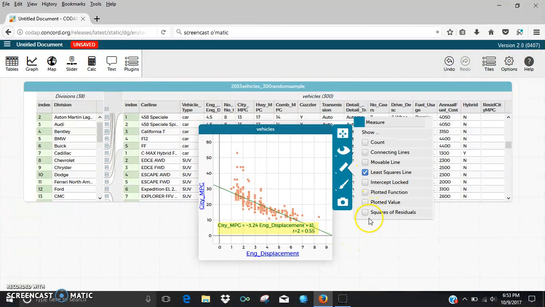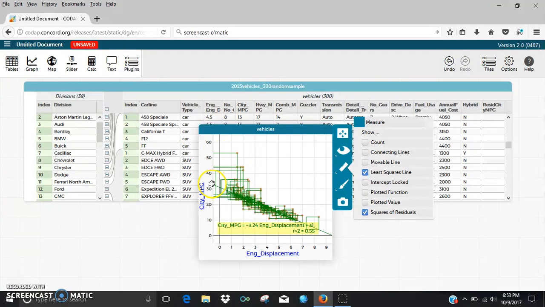We could ask the program to provide a graphic of the squares of the residuals. A residual is a difference between the actual value for city MPG and the value predicted by the least squares line. When we choose this option, we get a graphic. These tightly packed squares indicate those places where our equation made a good prediction for city MPG.